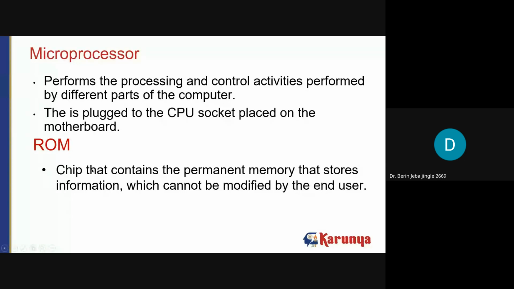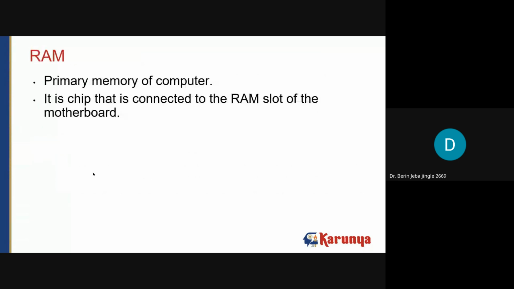Then ROM. What is a ROM? It is a chip that contains permanent memory. It stores the data permanently. Information can be stored here permanently, and it cannot be modified by the end user. RAM is the primary memory of the computer.